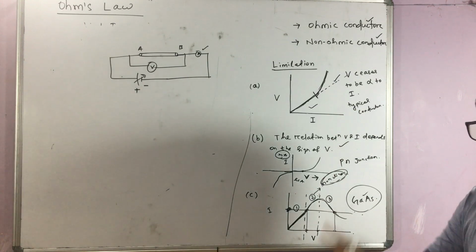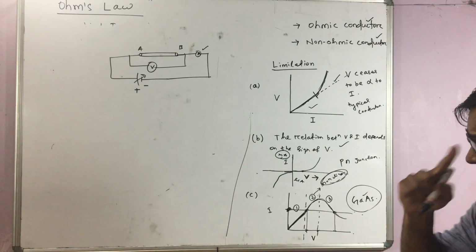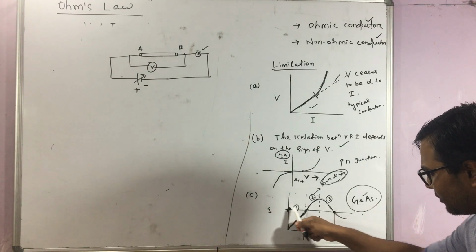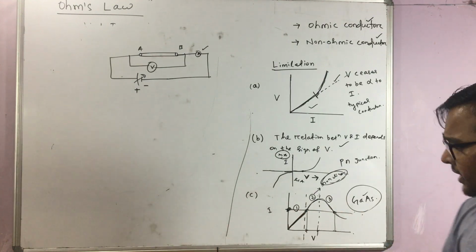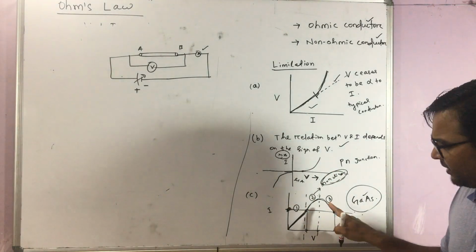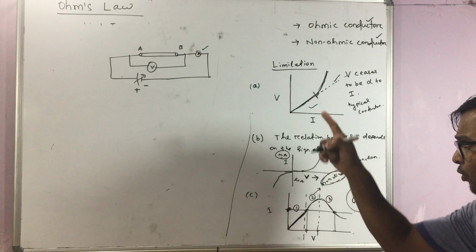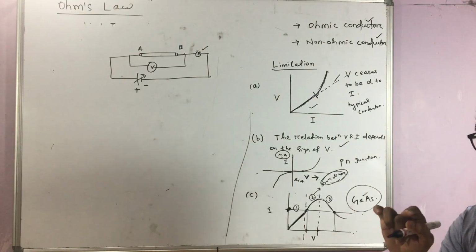Ohm's law suggests that for a particular value of V, there must be a particular value of I. But here, what is happening? There are two different values of voltage for a particular value of current. That's why the unique relation between V and I is not being obeyed here. And the most important part: Ohm's law suggests that with the increase in voltage, the value of the current should increase.